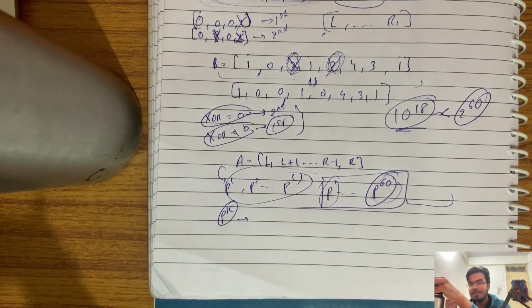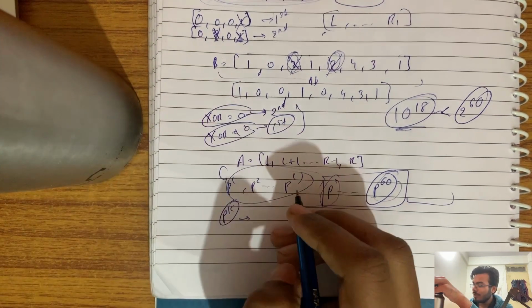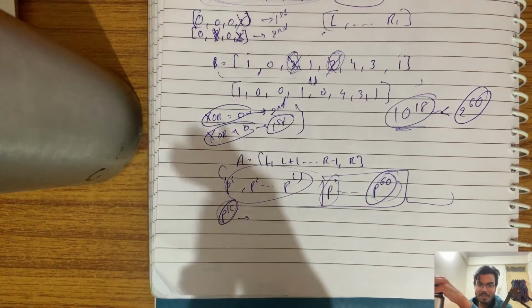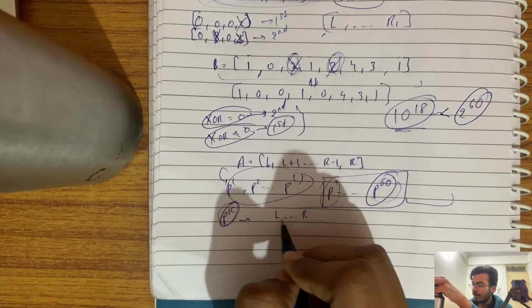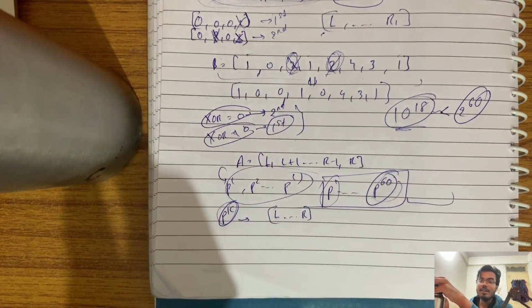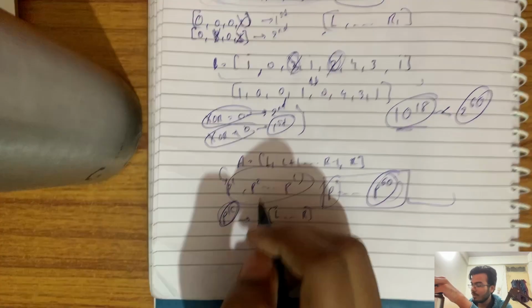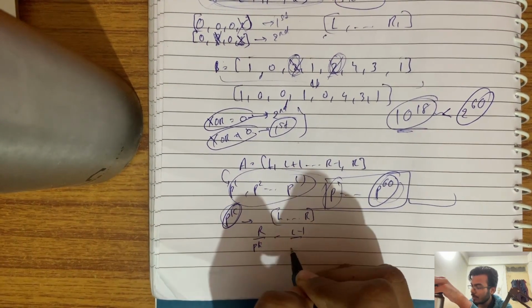Now here you need to learn about this concept used in range queries. So if you want to find out how many times p raised to power k occurs in L to R, there is this formula: R upon p raised to power k minus L minus 1 upon p raised to power k.